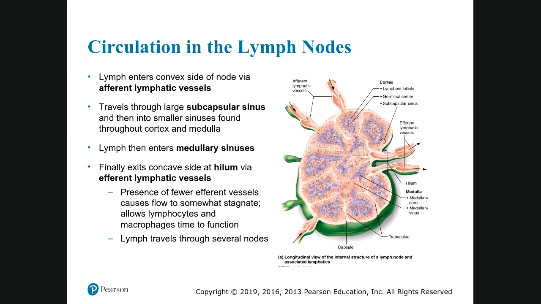That's the medulla with the medullary cords that extend inward from the cortex and contain B cells, T cells, and plasma cells.